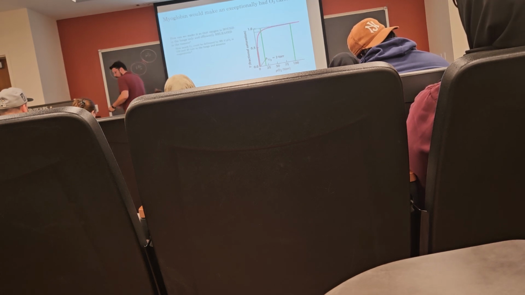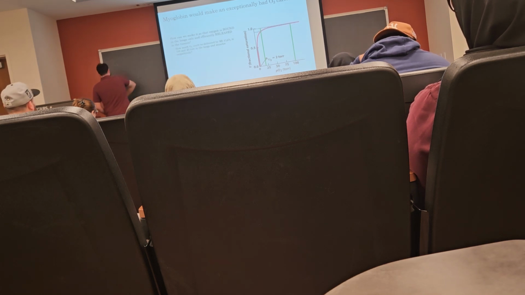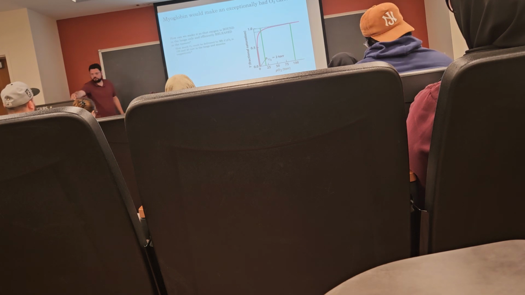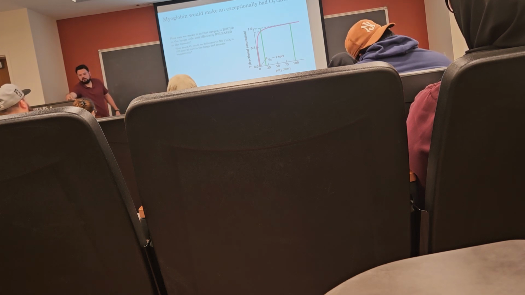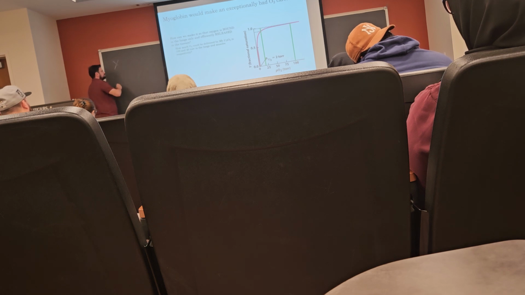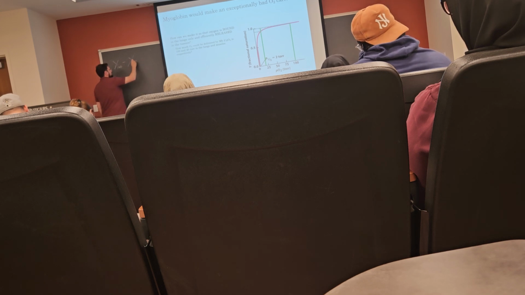So let's do the math here real quick and see how much oxygen could be delivered by myoglobin in the lungs and then in exercising tissue at 20 torr. So let's do a quick calculation here. We want to find first the fractional saturation at 100 torr, Y100, minus the fractional saturation at 20 torr, Y20.